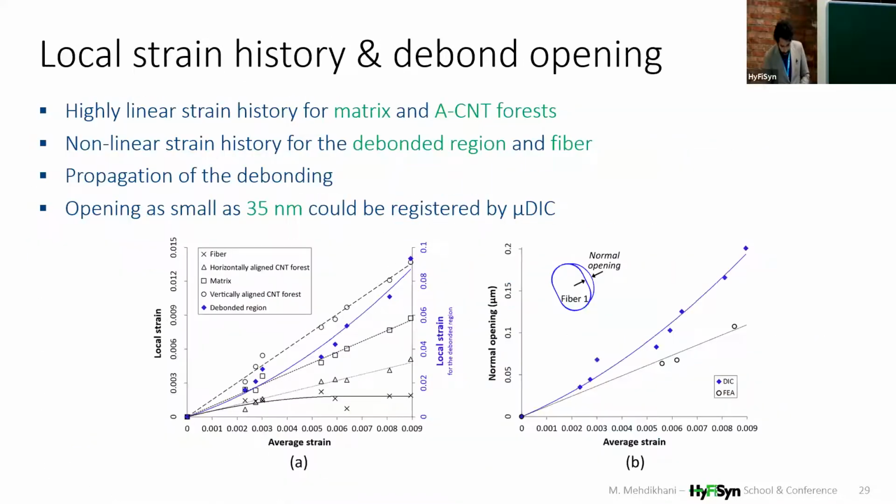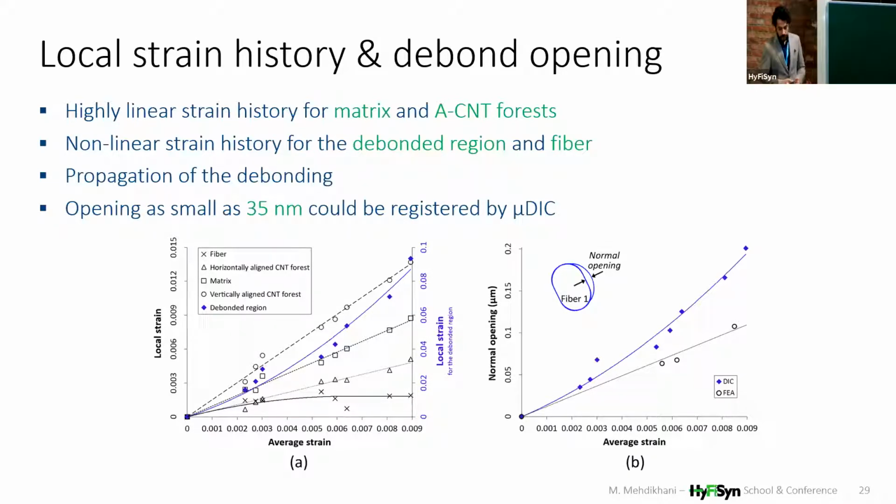And finally, for this study, we looked at the strain history of different features, including the fiber, the matrix, the CNT forest, and also the debond. And for the debond, we noticed that the local strain versus average strain is not really linear, and that's normal because here we have some propagation of this debond, kind of tunneling inside the material, which creates this nonlinearity.